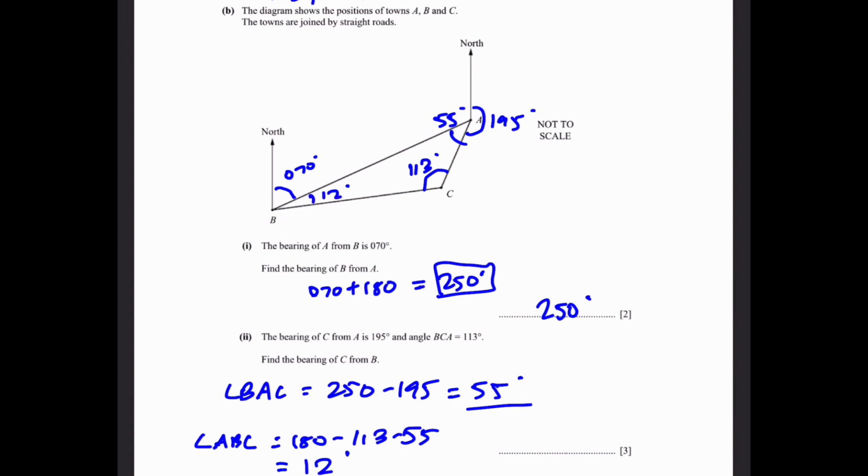So this is 12. And the bearing of C from B is going to be equal to 070 plus 12 degrees, which is 082. Remember to write bearings in 3 digits, so 082, you have to include the 0 at the front, and that will be our answer. This over here is the whole bearing.